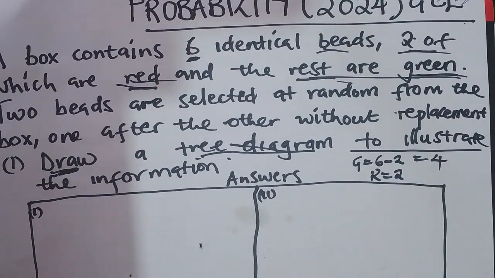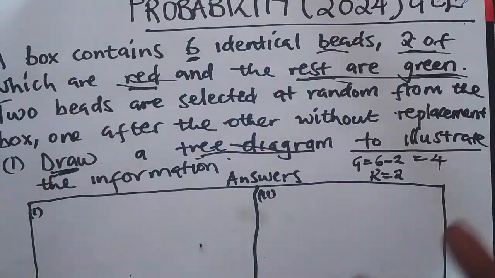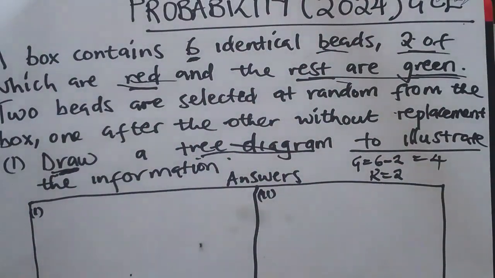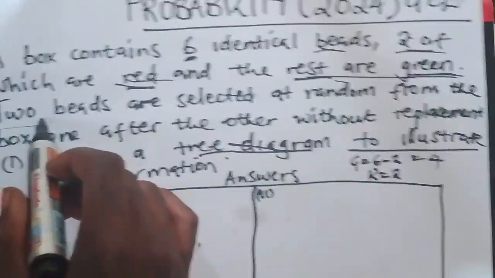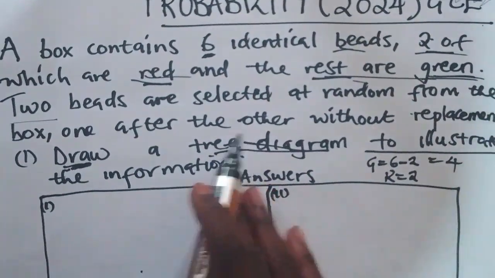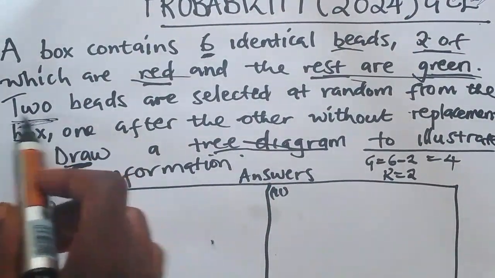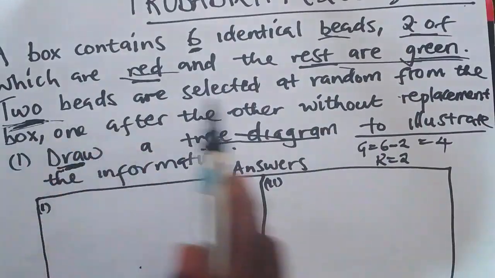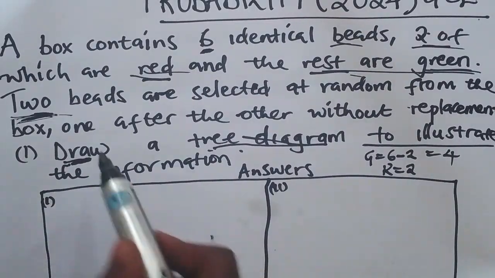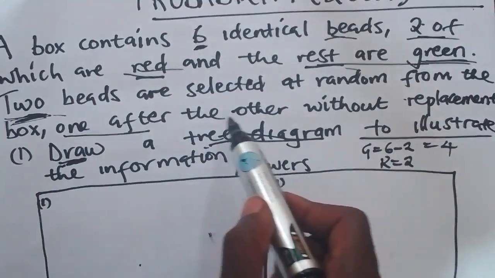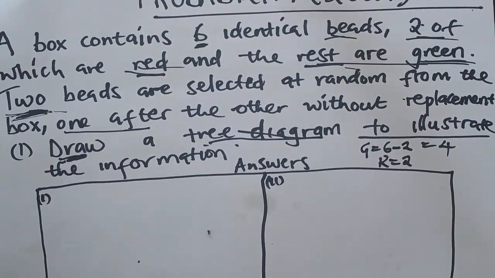What you need to know before you start drawing the tree diagram is that it represents the 2 picks. The question is saying 2 beads, meaning they got 2 beads from the box, which means they didn't pick them both at the same time, but one after the other without replacement.